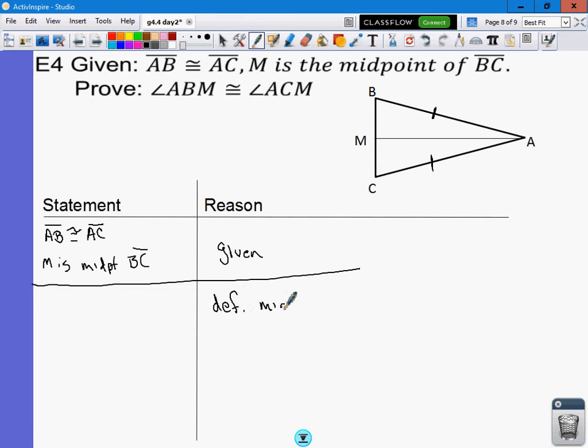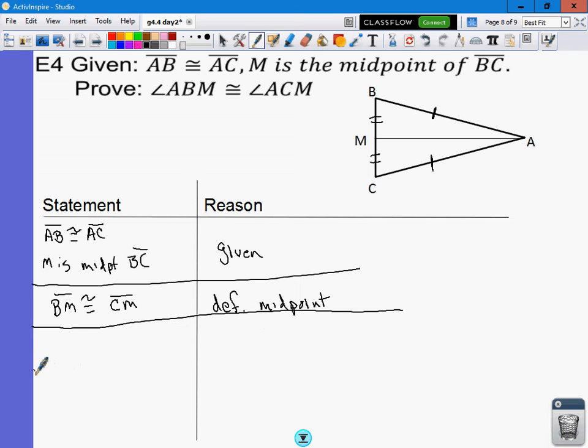Definition of midpoint. I don't know that. They look like it, but I don't know that. I could prove it eventually. What do I know if M is a midpoint, though? Yeah? That segment BM and CM are, very good, that segment BM is congruent to segment CM by the definition of midpoint.